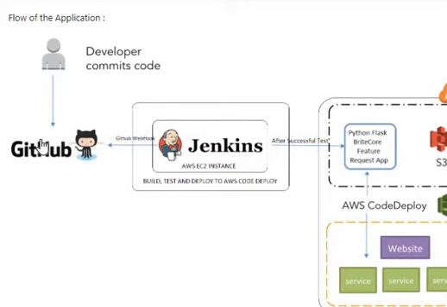Once the software is ready, it goes into testing, right? When the testing occurs, obviously there might be a bug in it. So it is really difficult to identify from which developer's code commit the bug is coming.